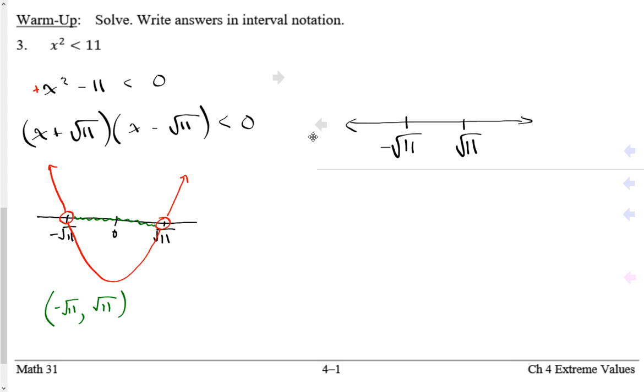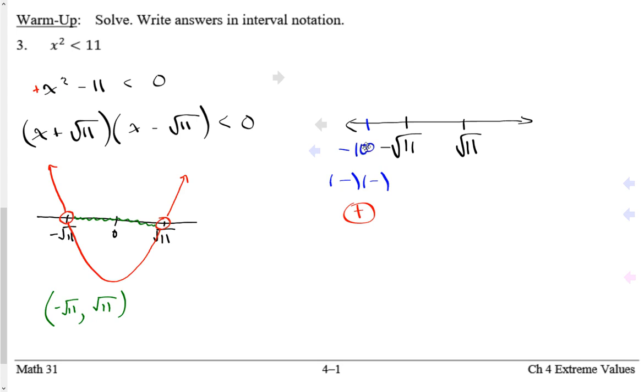Again, I can start with the zeros for my polynomial. But then what I'll do is select a test point in each interval. So here to the left of the negative root 11, I just picked negative 100. Why negative 100? Well, just because I know it's less than negative root 11. I could pick any number in this interval over here.